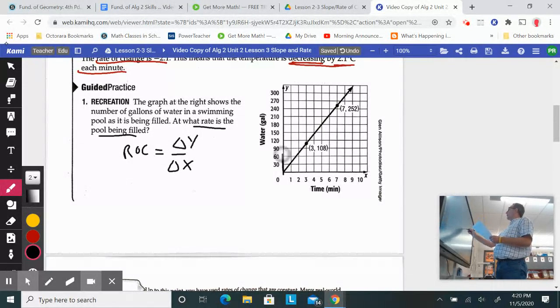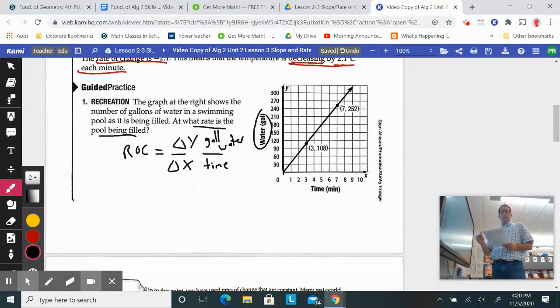The y's on the y-axis are the gallons of water. How many gallons of water depends on the time you fill the pool. The longer you fill up the pool, the more water is going to be in it. So then you're going to grab ordered pairs.